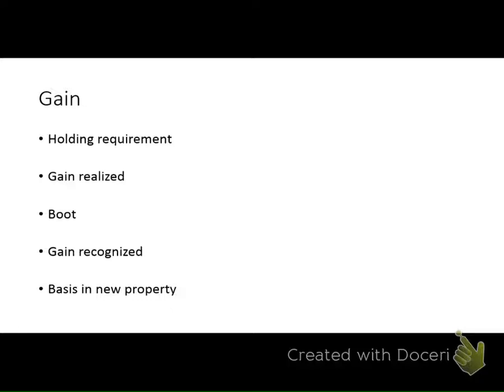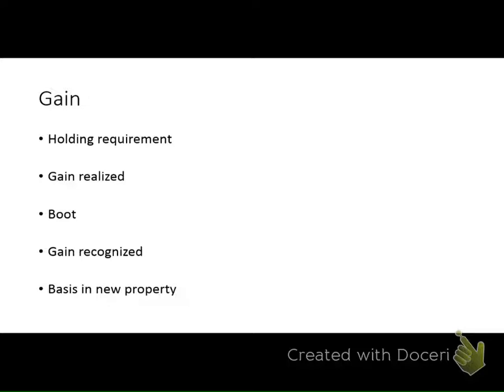So what is boot in a like-kind transaction? Boot is anything in the transaction that's not like-kind property. So if we exchange real property for real property, and one party throws in 10 chocolate bars and the other party throws in a motorcycle, the two pieces of real property are like-kind property, but the motorcycle and chocolate bars are not.